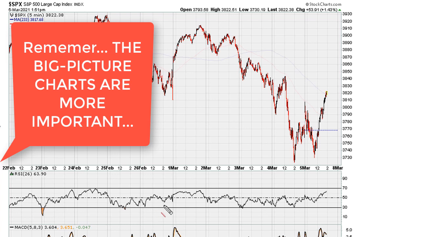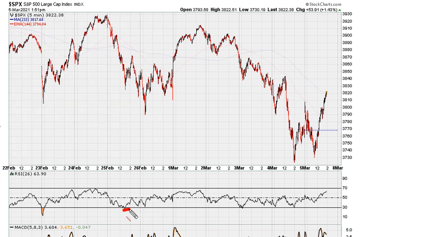Let's begin with the uniformity concept. For those of you who love to play the small time frame, take a look at how the uniformity concept could have kept you abreast of what the market was looking to do. A break here of that high, take that break around RSI 61.8, extend it out like that, and remember, this is the 5-minute chart, so reversals have been coming around here.